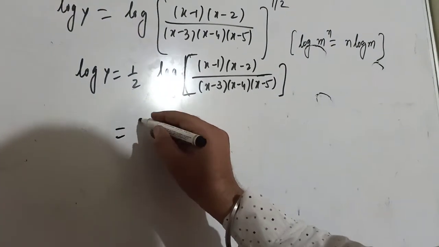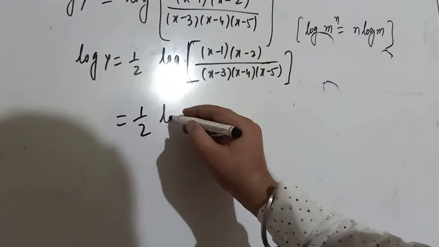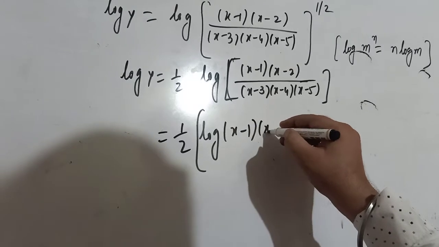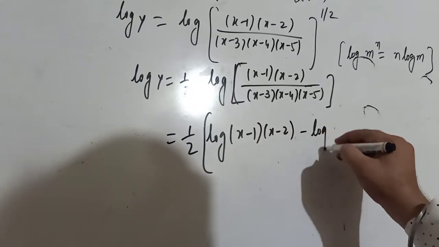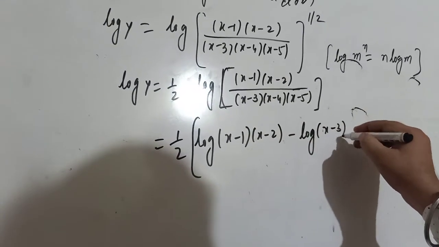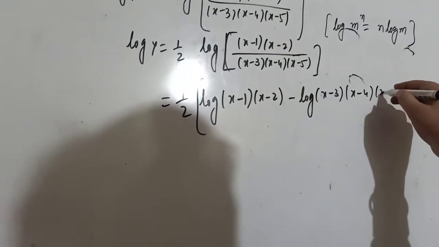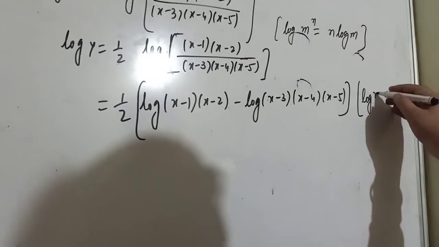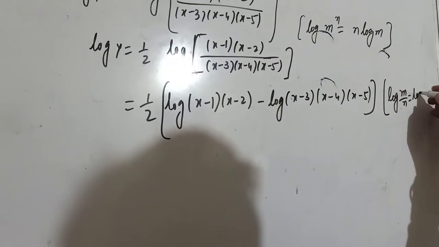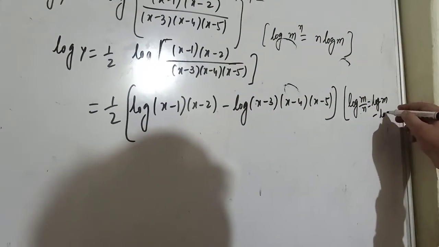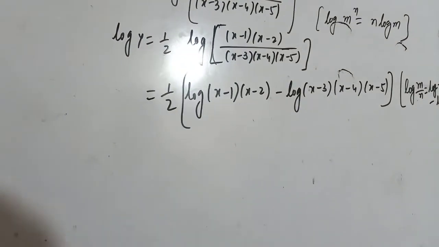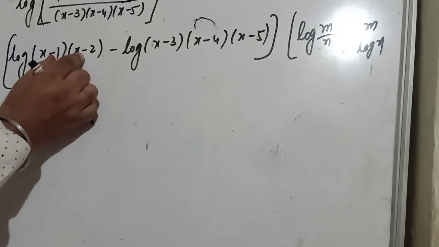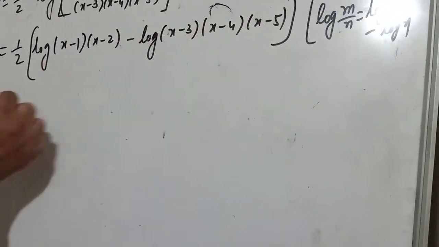So we can write first of all (x minus 1)(x minus 2), then log m minus log n, (x minus 3)(x minus 4)(x minus 5). Which property is used? Log m by n is log m minus log n. Now we can apply the product property. Product will become sum.